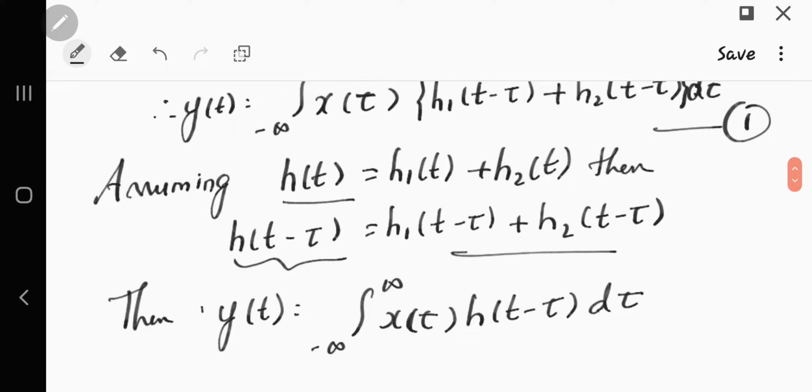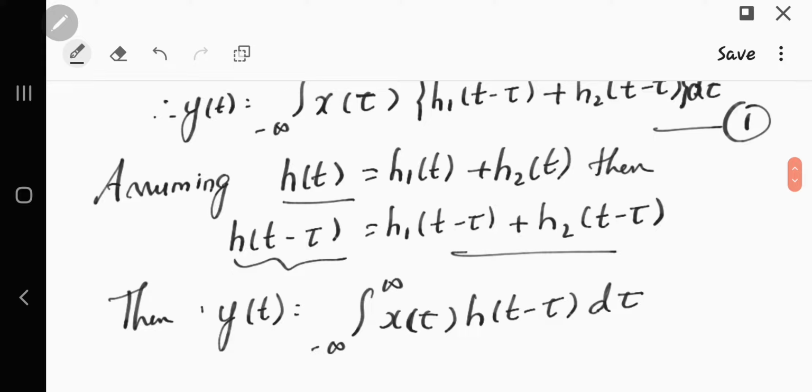You might be wondering what this is. This h of t represents the overall system impulse response of the system. Now, we have expressed this as two impulse responses which are connected in parallel. That is why h1 of t plus h2 of t is equal to h of t.